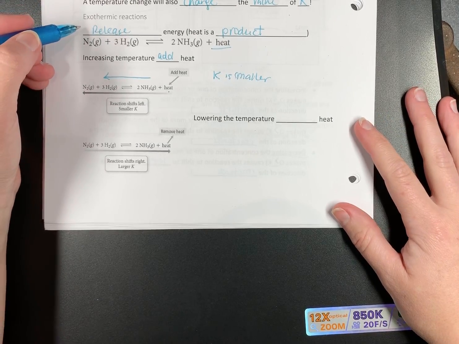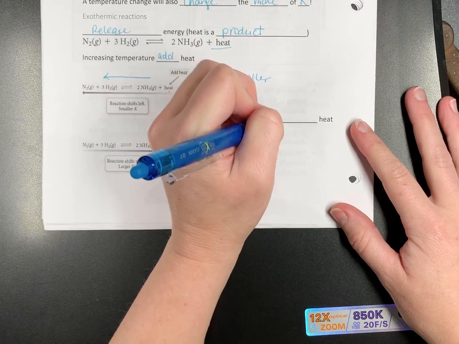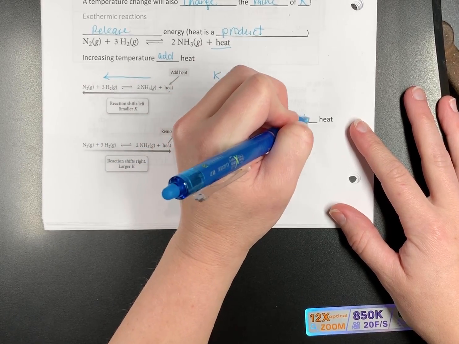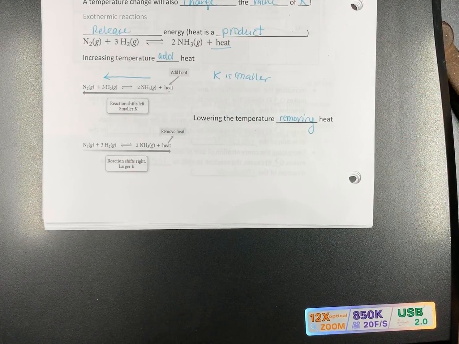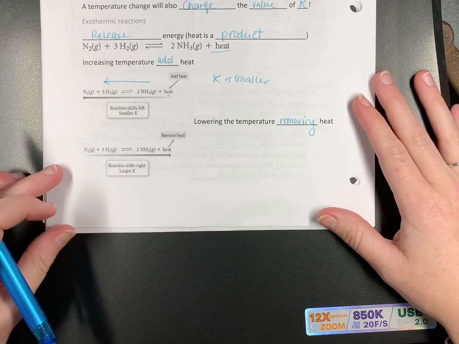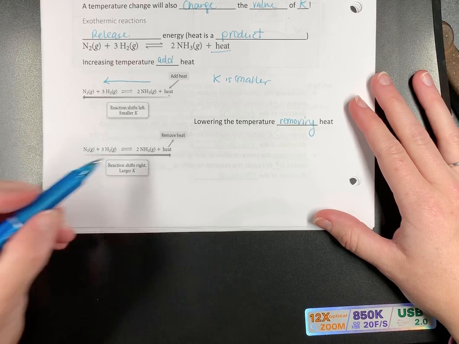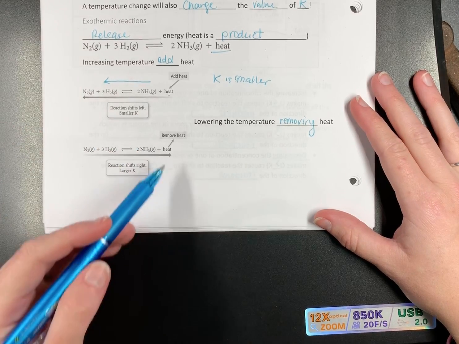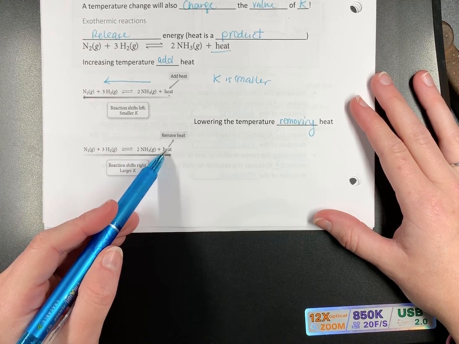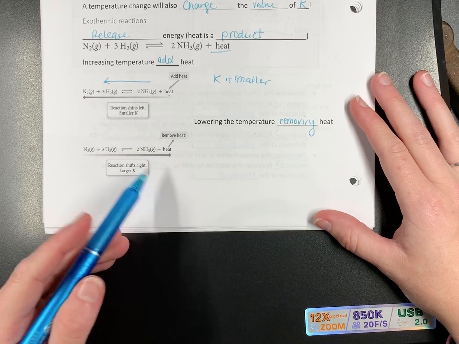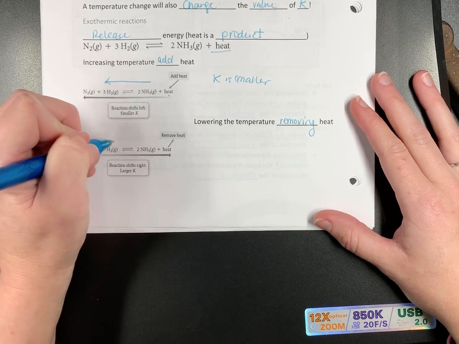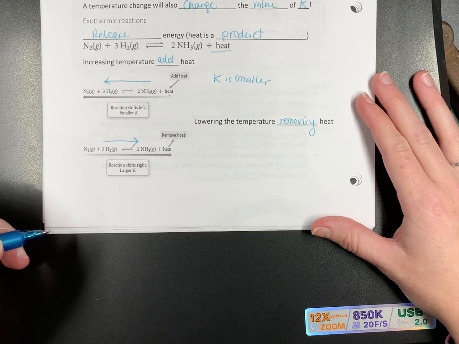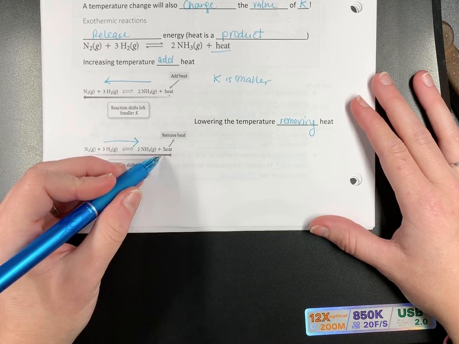Still with exothermic reactions, if you lower the temperature, you are removing heat. Heat is being transferred to the surroundings. Okay, so you lower the temperature. So if you take heat away, heat is a product. You take it away, the reaction wants to go this way to replace heat that's lost.